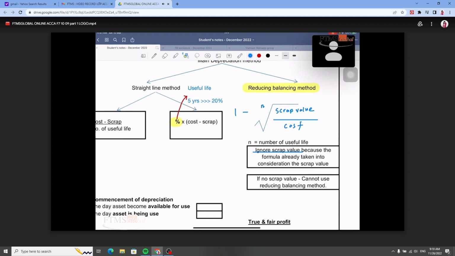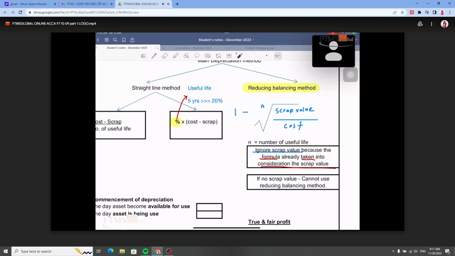Very simple: the formula has already taken the scrap value into consideration. Therefore, when you calculate the reducing balance method, you do not minus it one more time. If you minus scrap value again, that will be double counting. That's why with the reducing balance method you ignore scrap value.